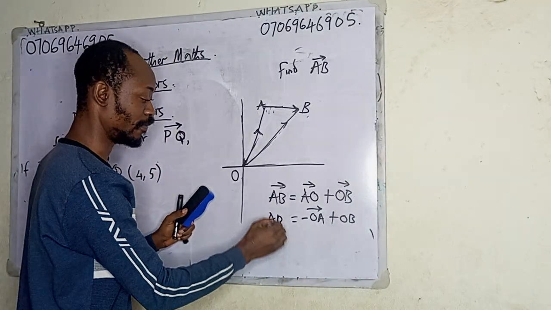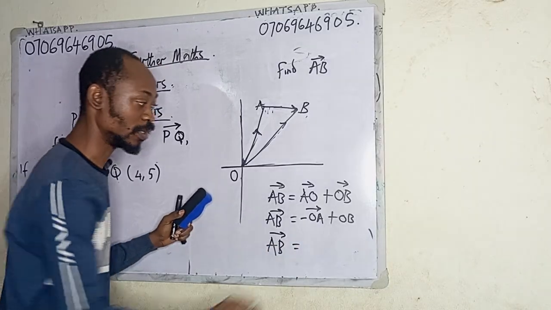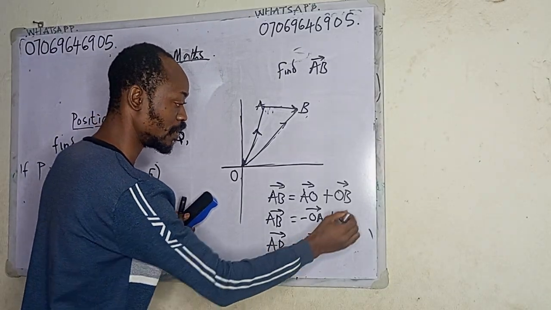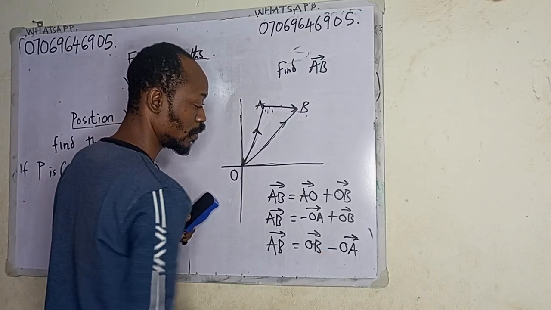So that is vector AB, and this can be written as vector AB equals vector OB minus vector OA.